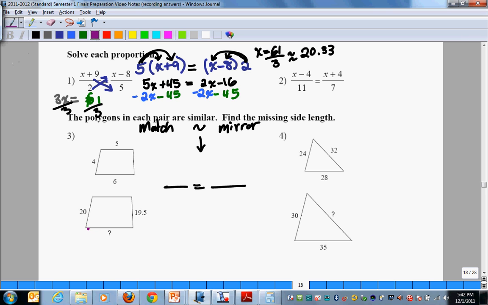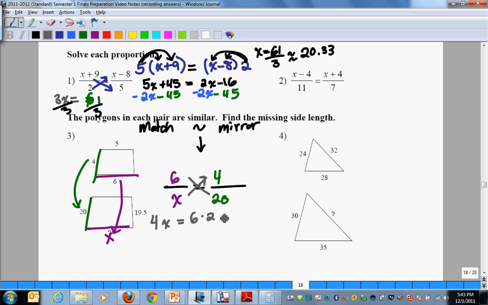mirroring. Our unknown matches with the 6. So I'm going to go this way, match and mirror. I'm going to go 6 over the unknown. Match and mirror, 4 over 20. Cross, multiply, and solve. So I'm going to have 4x equals 6 times 20.